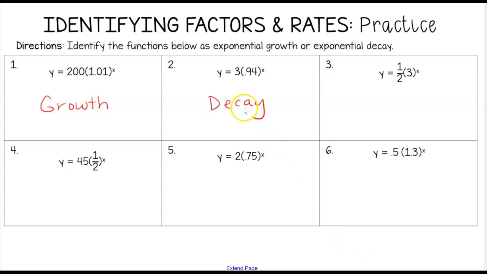It's between 0 and 1, so it's decay. Take a look at number 3. Now, number 3, the 1/2 is between 0 and 1, but we're looking at the second number. It's above 1, so that's going to be growth.